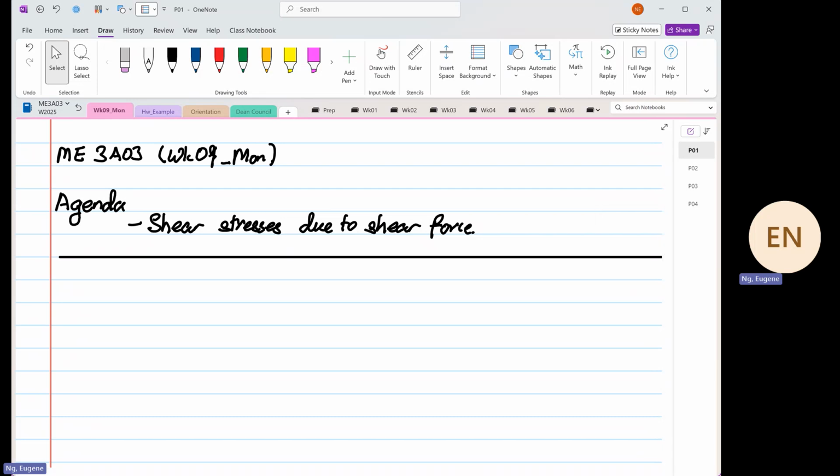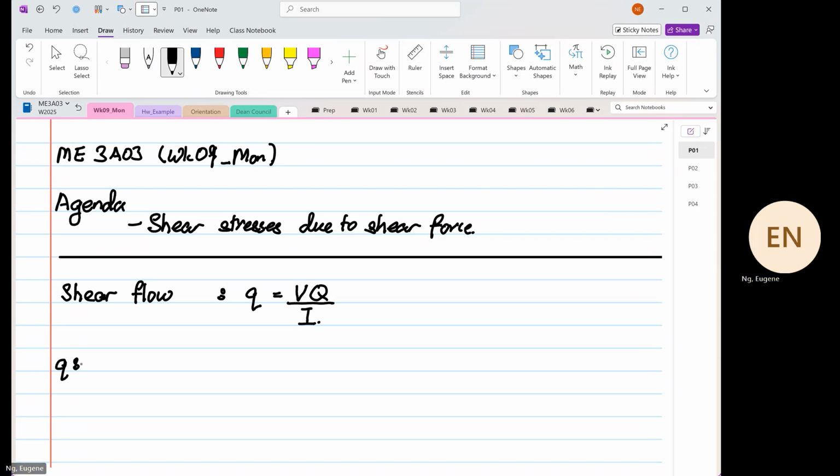Is we have what we call shear flow. And the symbol for shear flow is small q, is equal to VQ over I. Okay, where we have q, usually known as our shear flow, and the units is in Newton per meter or pound per inch.